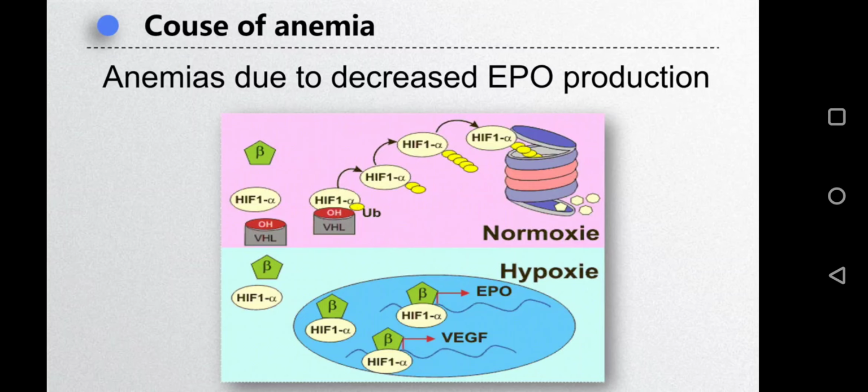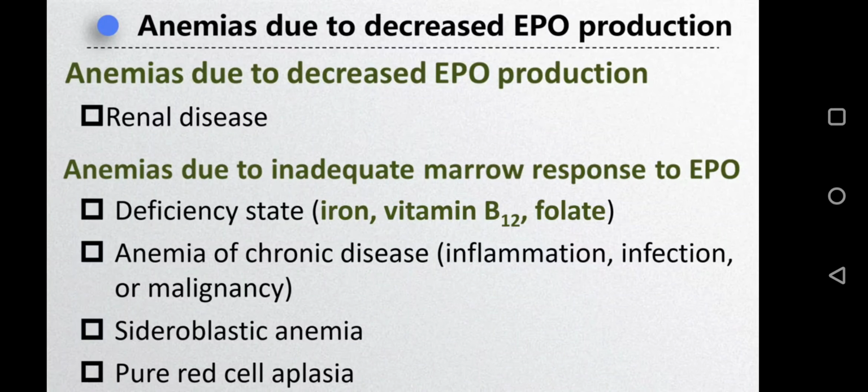From the picture, we can see that the EPO level is very important in the production of red blood cells, so renal disease can cause anemia too. Lack of materials like iron, protein, or vitamin B12 will reduce production, and increased removal happens in hypersplenism and autoimmune hemolytic anemia.